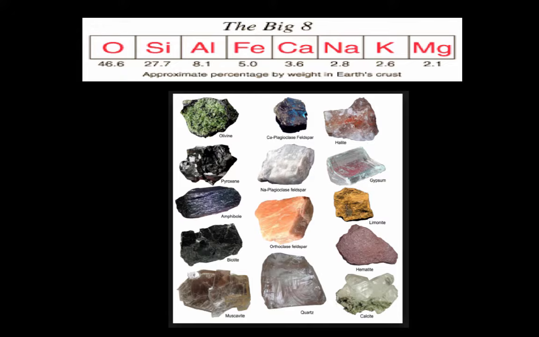So of these minerals down here, most of them are going to be silicates. Our quartz, our muscovite, our biotite, our olivine, feldspar, hematite. Oh, no, hematite is an oxide, sorry. So all of those are going to be silicates, and then the rest of them will fall into another group.